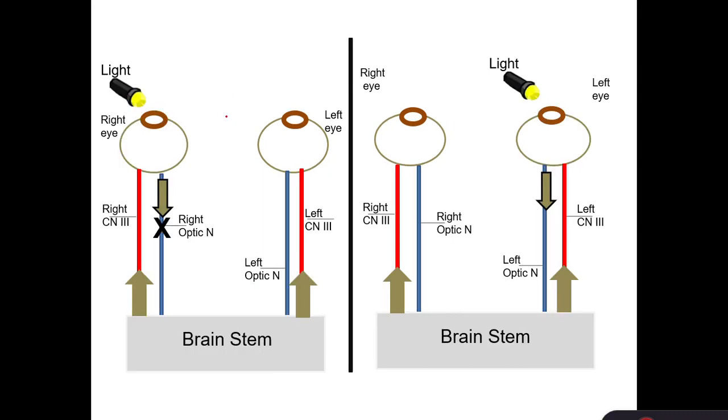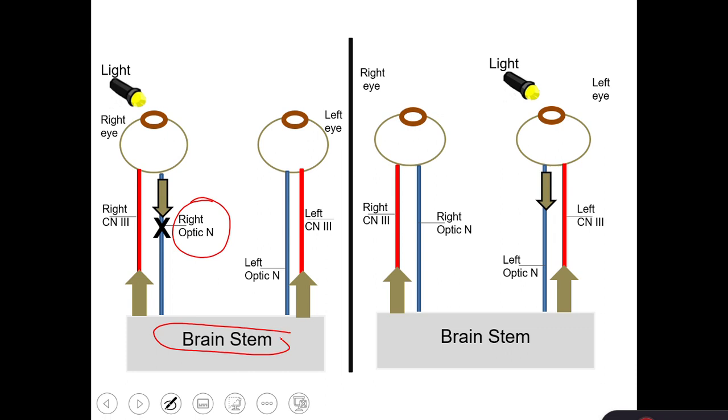Let's look at this scenario here. Here we shine the light into the right eye, and then the right optic nerve is not able to take the signal to the brainstem. So here, neither pupil constricts.